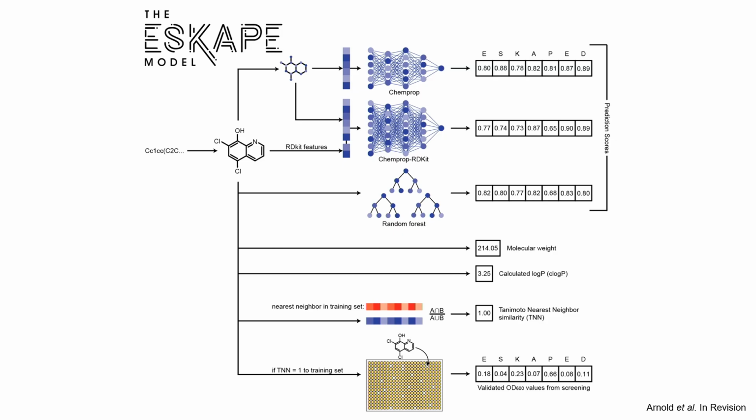It enables people to take their own sets of chemicals that they like to work with and upload them onto this website, which is hosted in our lab, and what it will output are AI-guided prediction scores for every molecule about whether these models think each input molecule has activity or doesn't against each of the ESCAPE pathogens, right? It'll also calculate things like molecular weight, logP, structural similarity to the training data set, et cetera. But the idea is that we wanted people who don't care about computer science, who don't want to learn about computer science, to have this technology readily available to them at all times if they want to use it, and if not, that's fine too, right?